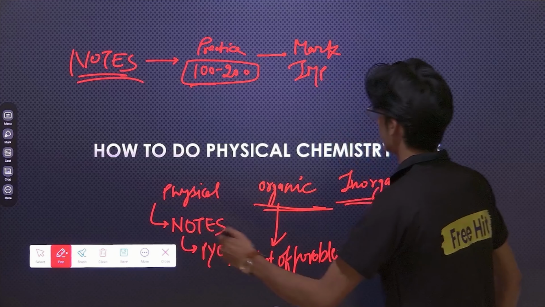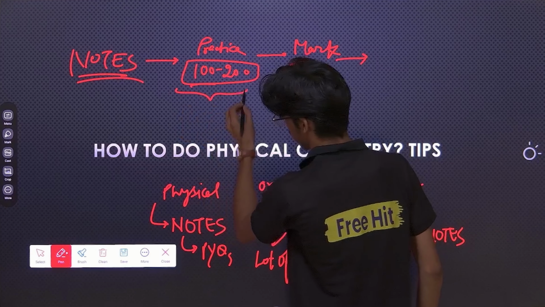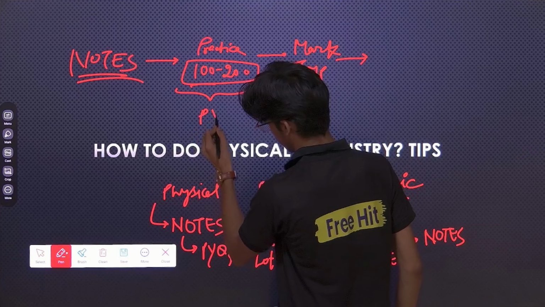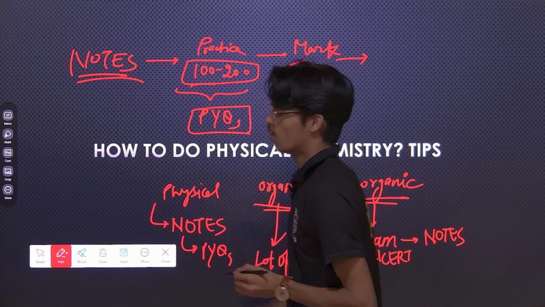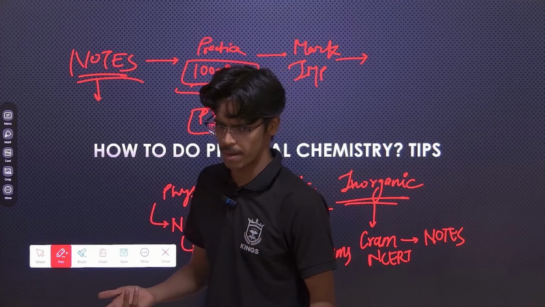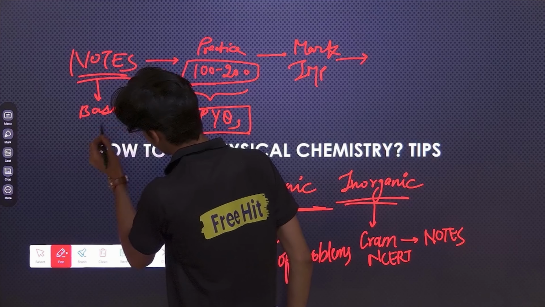Once you have done this, you can directly practice the PYQs, but on one condition: while making notes, you must have practiced some very basic problems of the chapter. It's very important to go through the basic problems in the chapter itself.